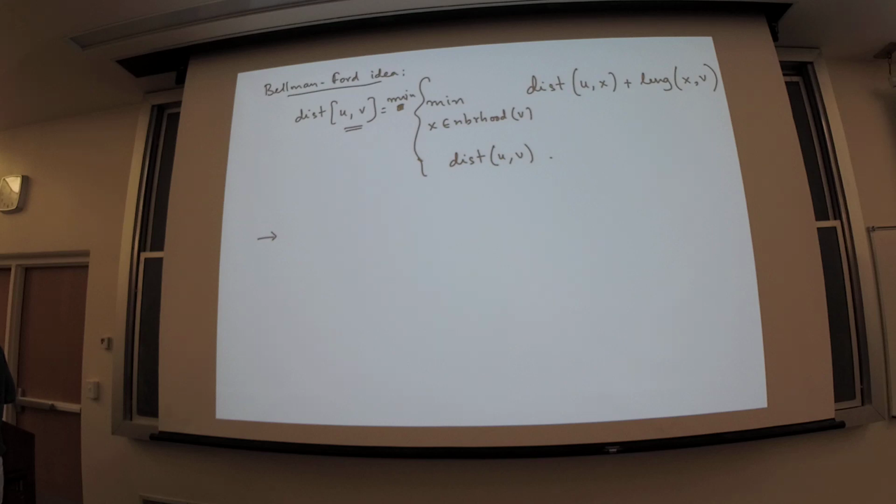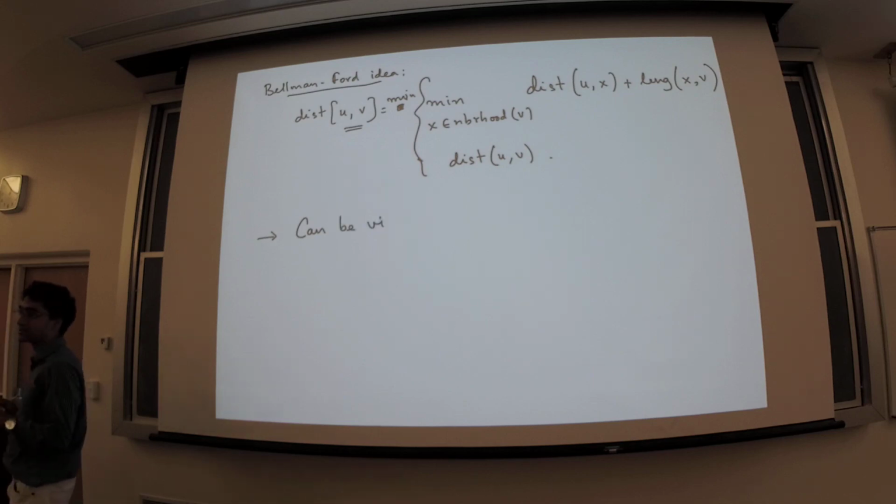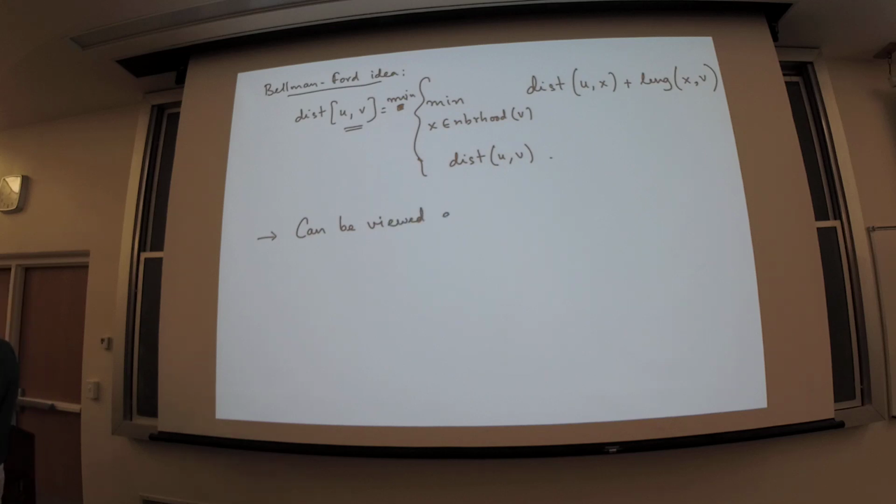We'll not get into this because it's not terribly important for us, but it's nice for you guys to know that this can be viewed as a matrix multiplication with appropriately defined operators. I will add a link to some outside notes about something like this.